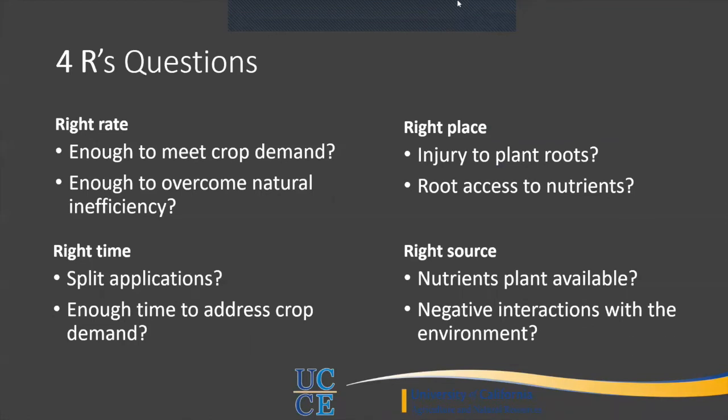And is it enough fertilizer to overcome not just the demand of the crop, but whatever the inefficiencies in that system already are? You have to apply enough to meet the crop yield demand as well as cover the inefficiencies, whatever is going to be lost in the system or not utilized directly by the crop.